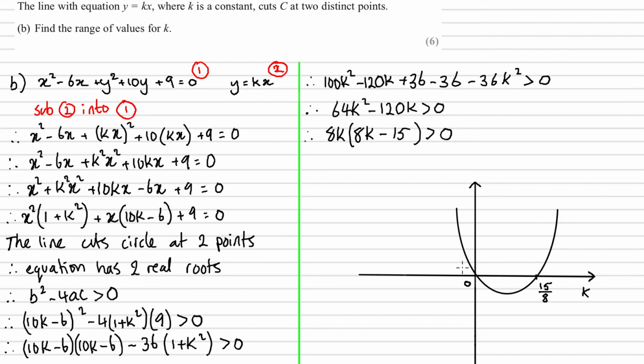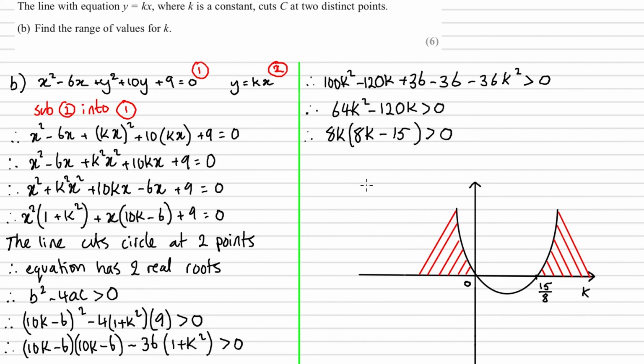So where is this greater than 0? Where are the y values greater than 0 if we assume k is a function of y? It's going to be here and here. You should always sketch a graph whenever you have a quadratic inequality.